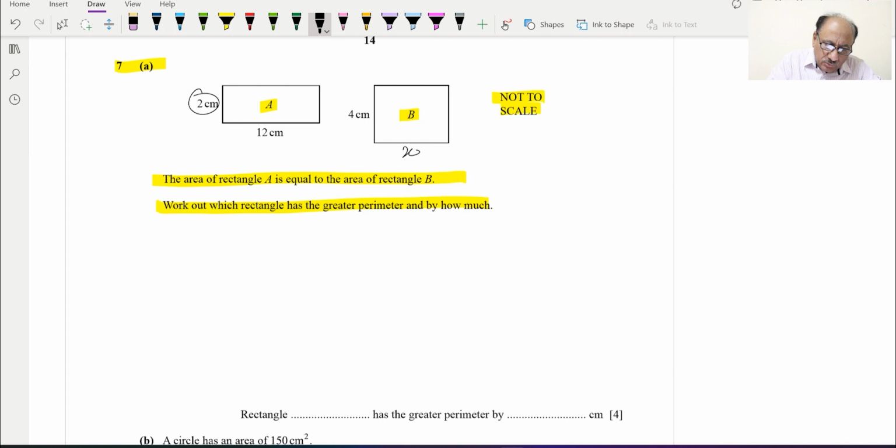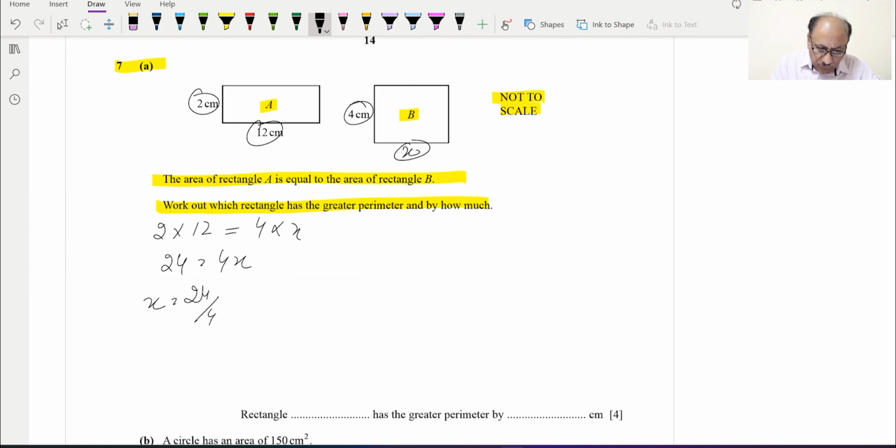So 2 into 12, we can write equation 2 into 12 is equal to 4 into x. So 24 is equal to 4x, so x is equal to 24 by 4, which is equal to 6. So this side will be 6.